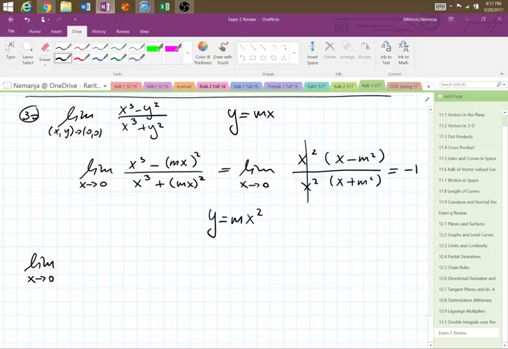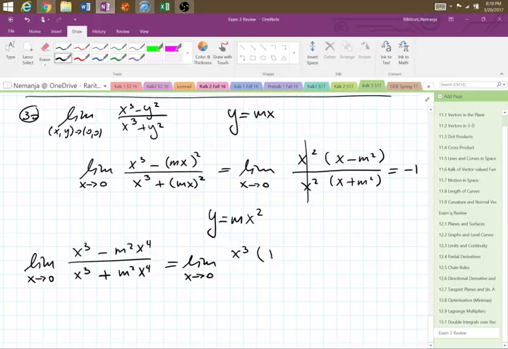Okay, so I have x cubed minus m squared x to the 4th, divided by x cubed plus m squared x to the 4th when you plug in. Limit as x goes to 0. Factor out x cubed on top and the bottom.